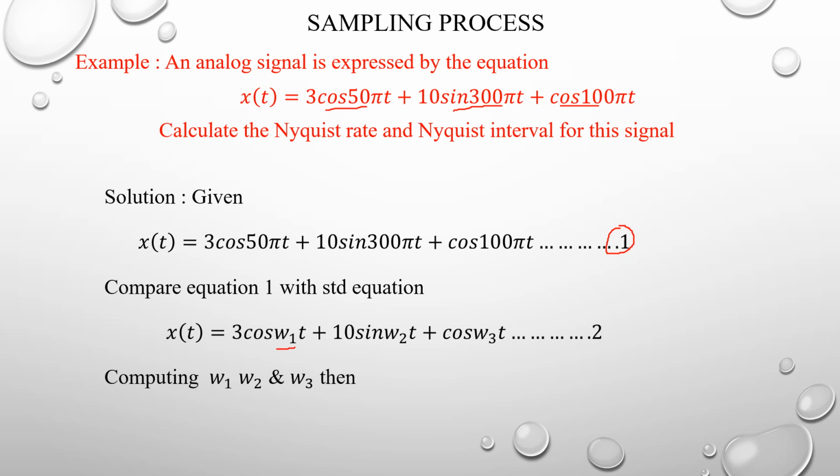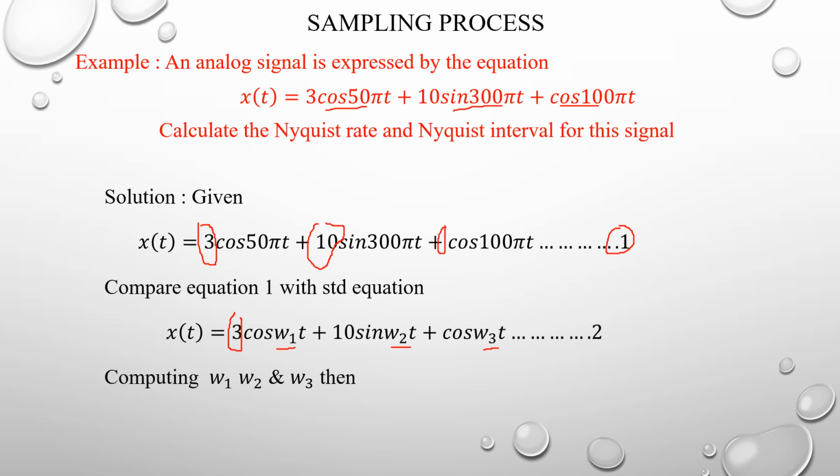So the first frequency is omega 1, the second frequency is omega 2, the third frequency is omega 3, and the amplitudes are 3, 10 and unit value, equal to 1.